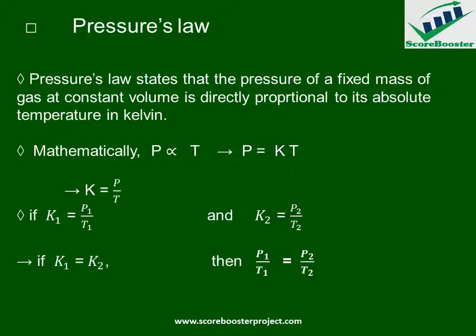If K1 is equal to K2, then we arrive at P1 over T1 equals P2 over T2. This formula is popularly referred to as Pressure Law formula. So we have to take note of this as we apply it in subsequent calculations we will be meeting later.